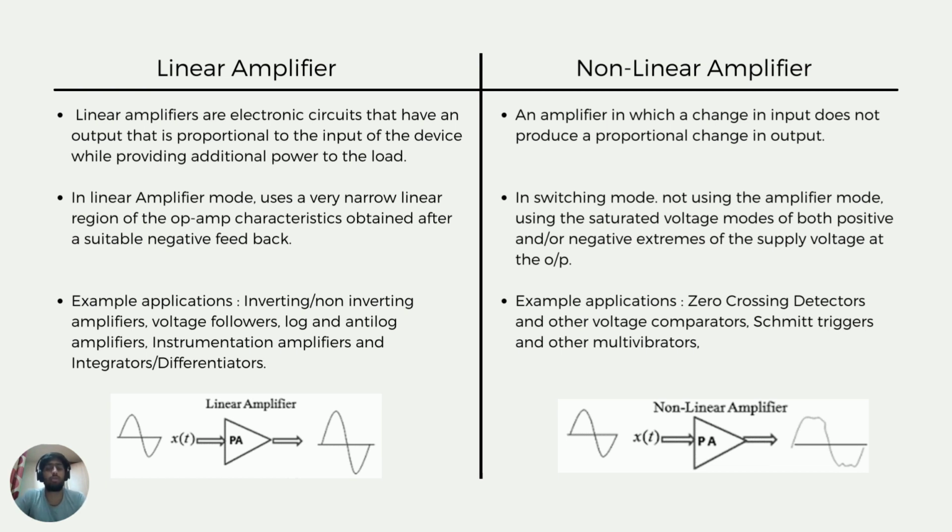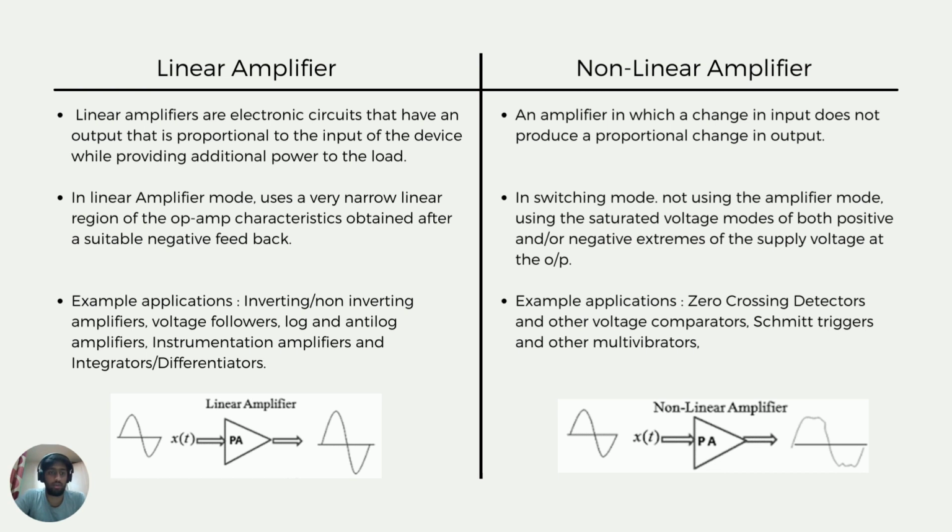In a linear amplifier, as you increase the input voltage, the output voltage is way more than the input voltage. For a small amount of input, there is more output. In a non-linear amplifier, for a large amount of input voltage, only a small amount of output is given.